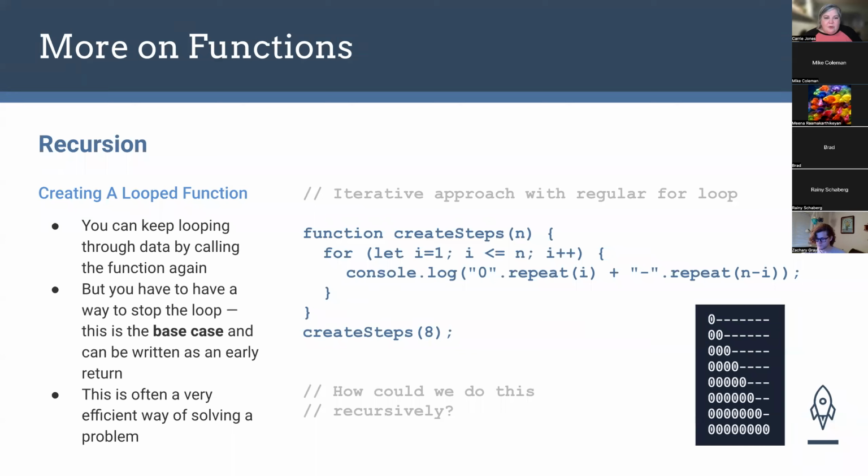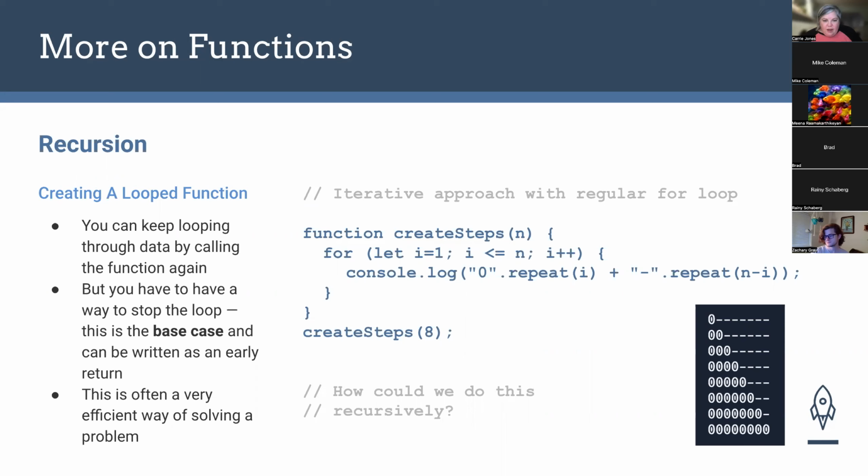So let's look at this example. Nothing on here is recursive yet. I'm just showing you the normal way to do it, that you know how to do. This is a little like your exercises from last week where you're creating shapes. I'm going to create these steps using a basic for loop. I'm going to go from i equals 1 to whatever the n value is that's passed into the function.